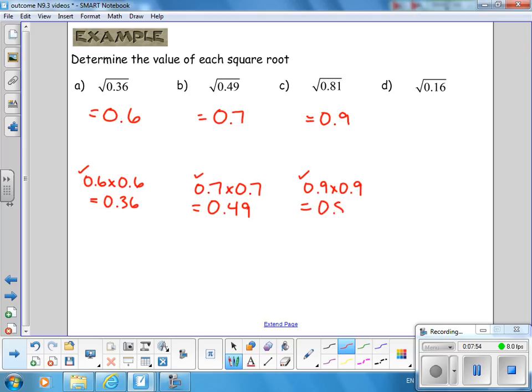But we know this is true. Can you think of one for the square root of 0.16? Again, 4 times 4 is 16, so it likely follows the same pattern and makes sense that 0.4 would be the square root. We can check it. 0.4 times 0.4 is 0.16. So we have done those correctly.